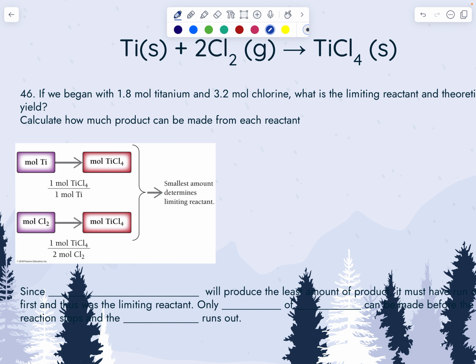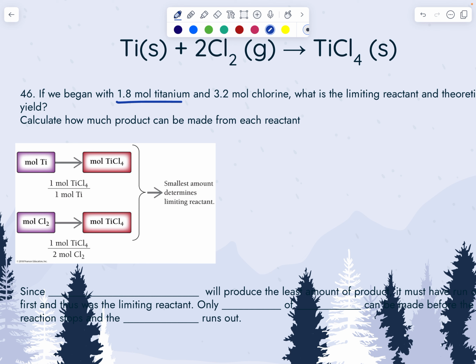And basically what we're going to do is figure out how much product can be made from each reactant. So I am doing basically a stoichiometry problem that we did last chapter just twice.